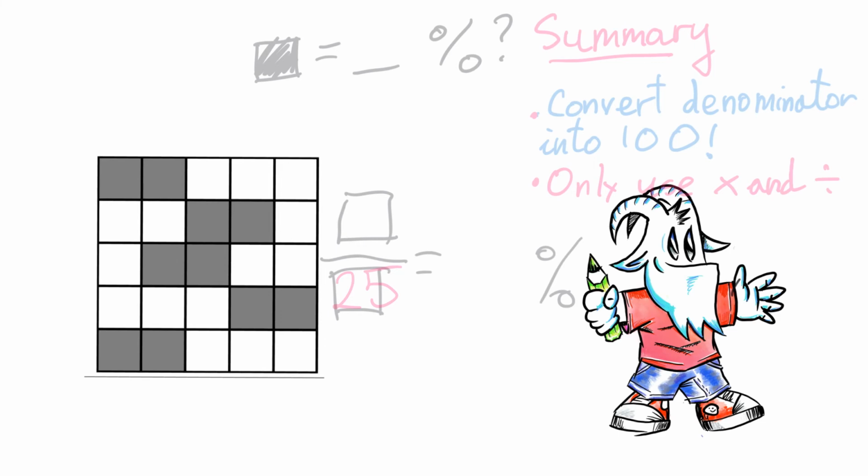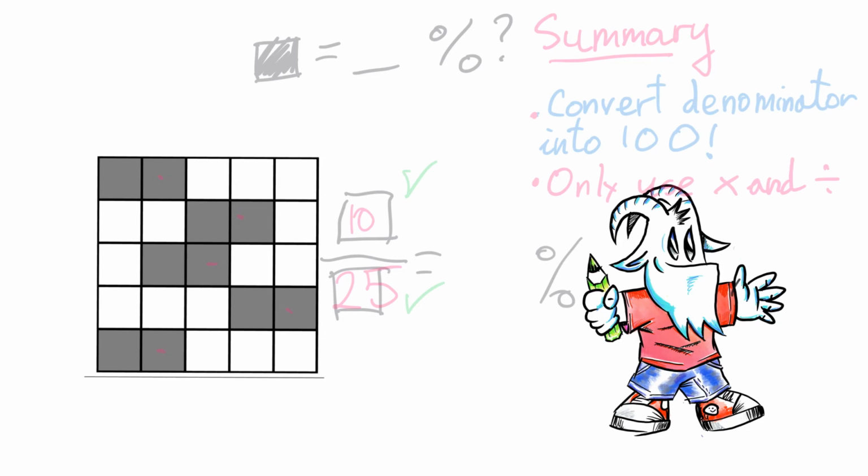If that was your denominator, excellent work. Now, I can spot 1, 2, 3, 4, 5 groups of 2, and 5 times 2 gives me 10. So that's 10 25ths. So we've turned it into a fraction.